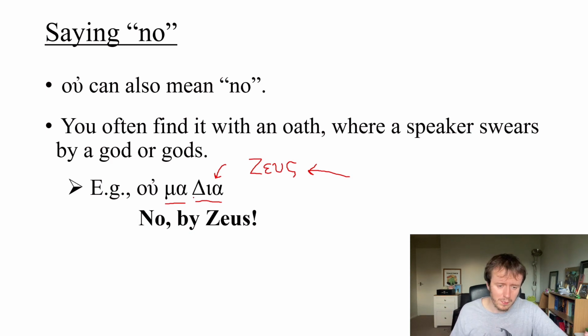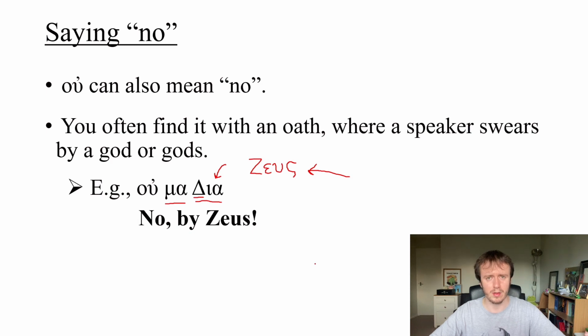And the reason we have a capital delta here is because Zeus is a proper name. Proper names, that is the names of people, places or groups of people, begin in capital letters. In fact, in edited Greek texts, that is the only place capitals appear outside of the title and author's name at the top of the page, and also character lists at the start of dialogues and such.